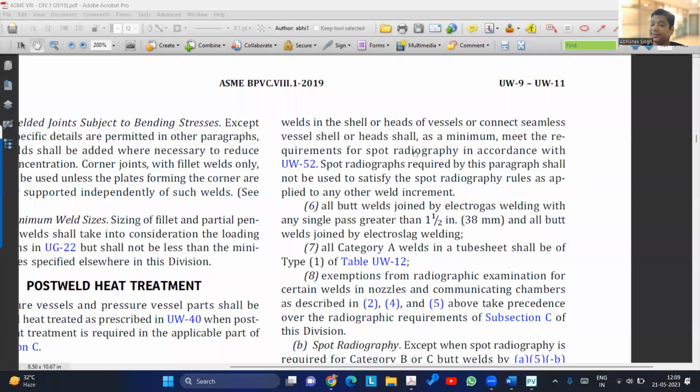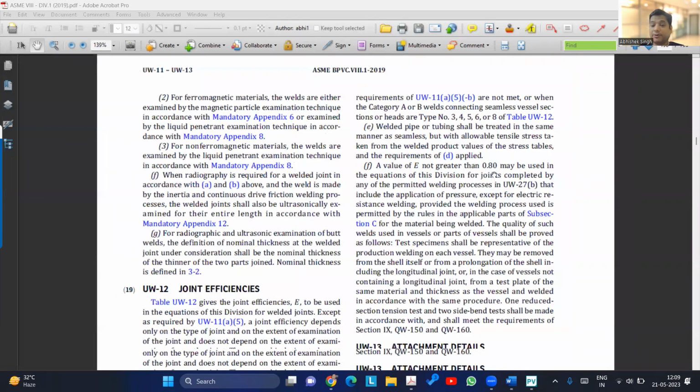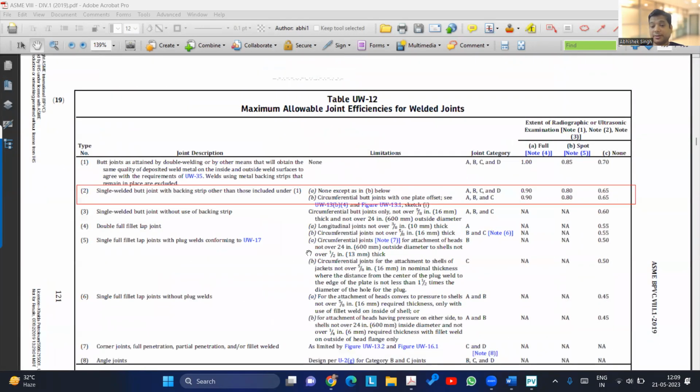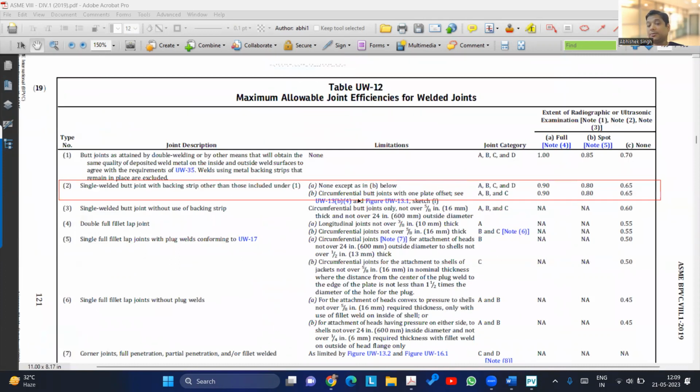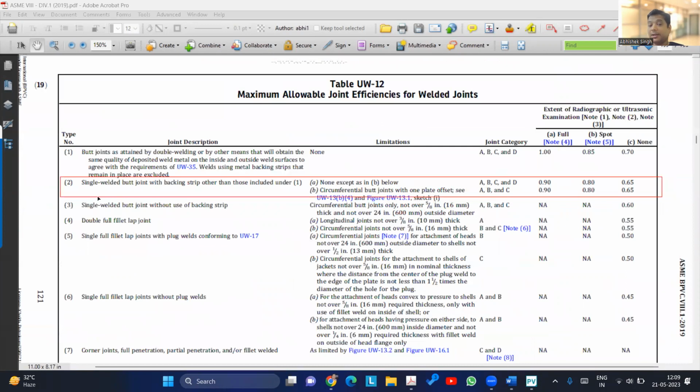Based on type, you will have the efficiency. You can have either type 1 or type 2. There also limitations are given. If you see here, you will get the limitation also, when I can have and when I cannot have. But if I'm having type 2, then my joint efficiency will change. It does not mean that with type 2, I cannot go with full radiography. I can go with that.